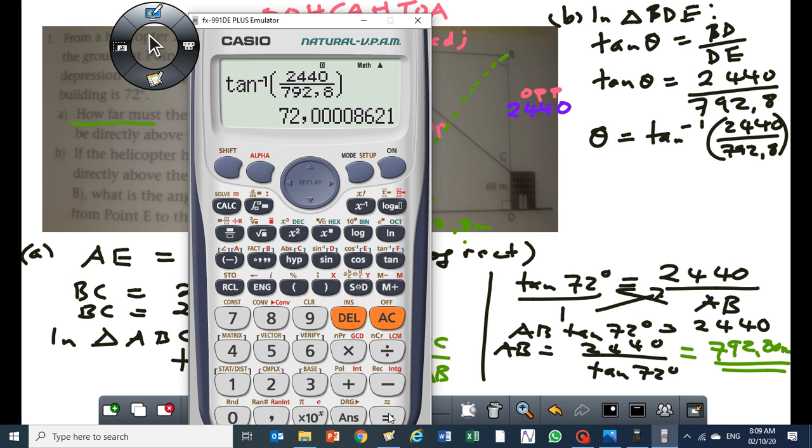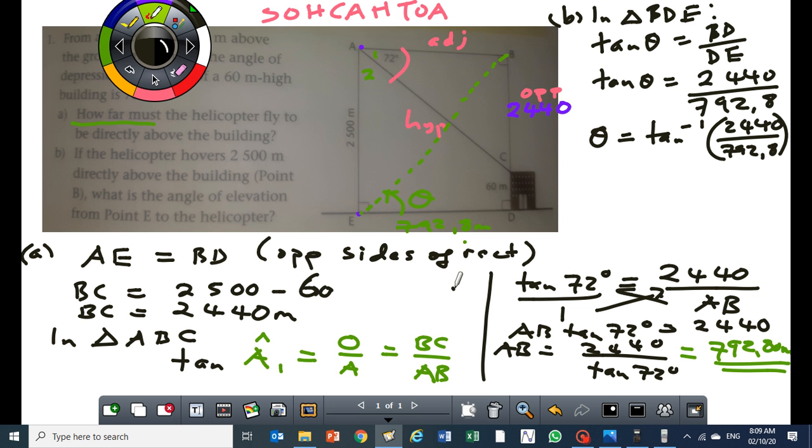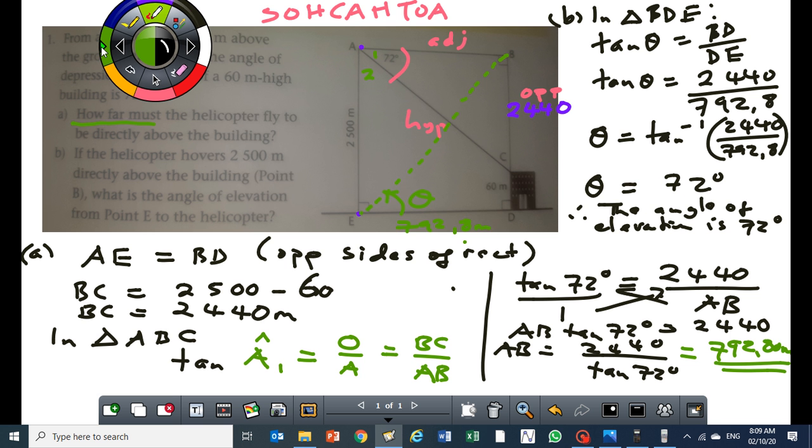Okay, so the angle is going to be exactly 72 degrees. So theta is going to be 72 degrees. Then you can say, therefore, the angle of elevation is 72 degrees. So the answer is that.